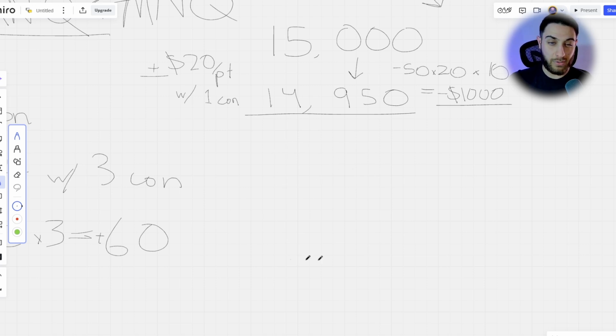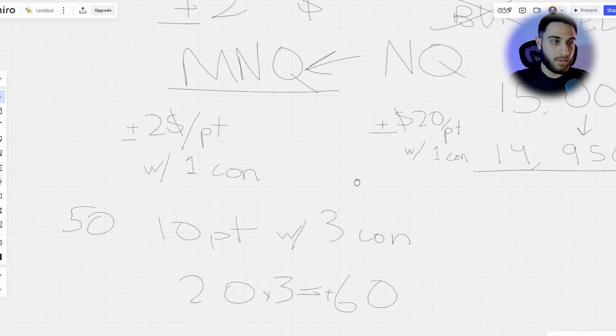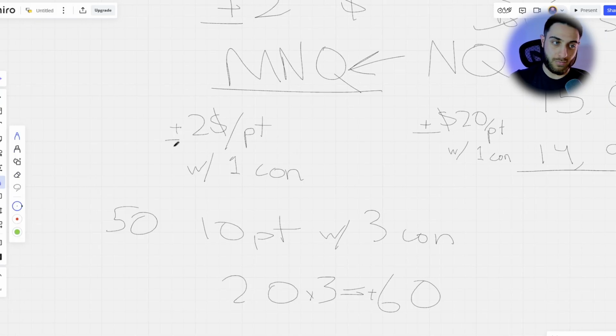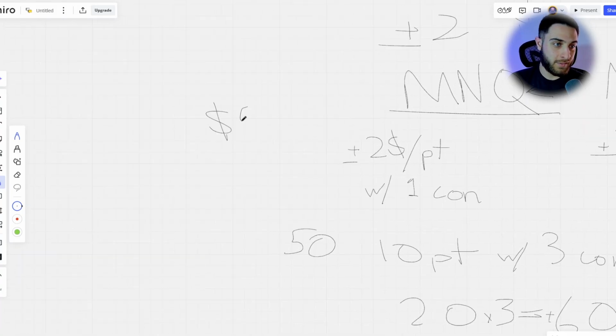So, imagine you're working with a broker. All brokers have a minimum amount of margin required for you to be able to trade a certain number of contracts. Let's say one contract for now. If you want to be able to trade the MNQ, let's just erase this over here so you don't get confused, you're making or losing $2 per point, you have to deposit a minimum of $50 into your brokerage account.